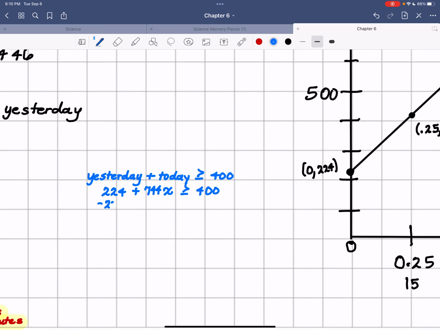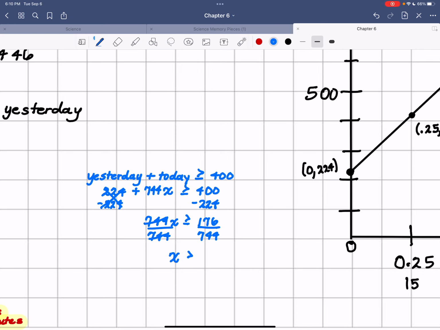So minus 224. 744x needs to be bigger than or at bare minimum equal to 176. Divide by 744. This will give you your fraction of an hour.